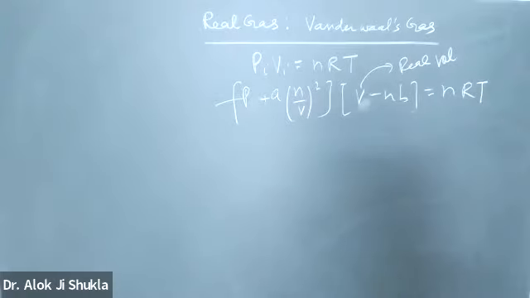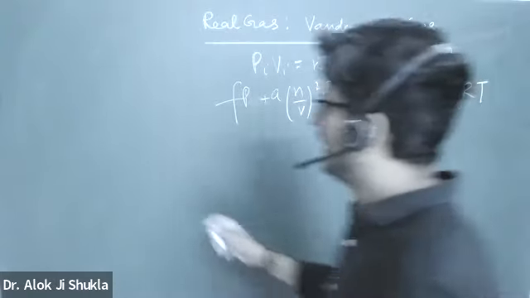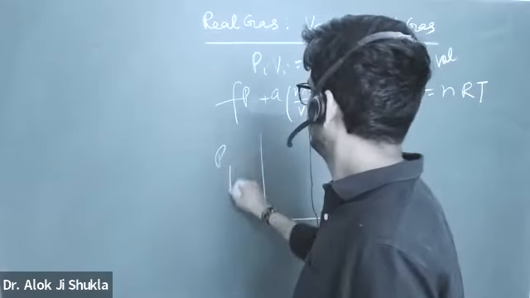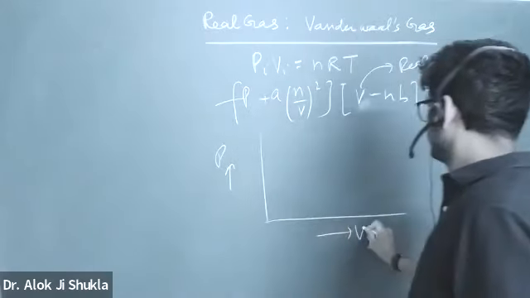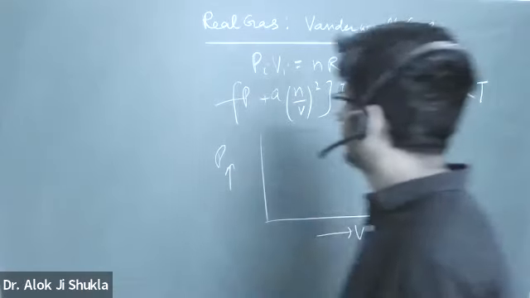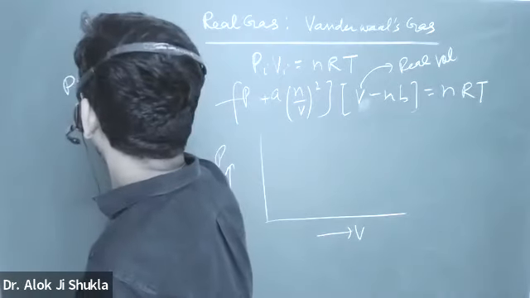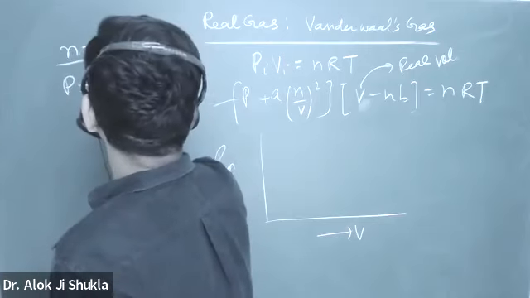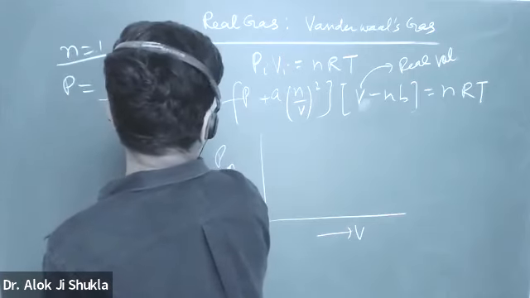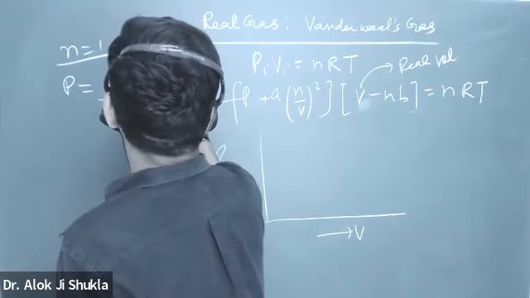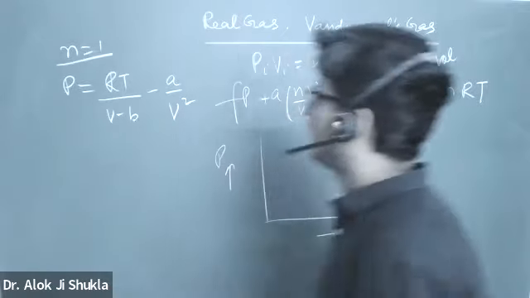Okay. Now, if you see the ideal gas, it is like this, P and V. We have plotted the ideal gas before also at constant temperatures, but this time everything will change. Suppose I write it for 1 mole. So P is RT by V minus B minus A by V square.